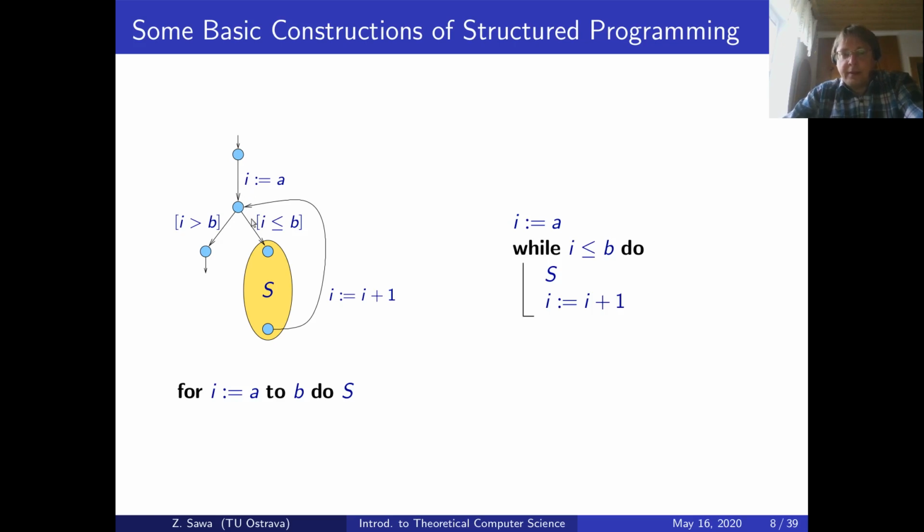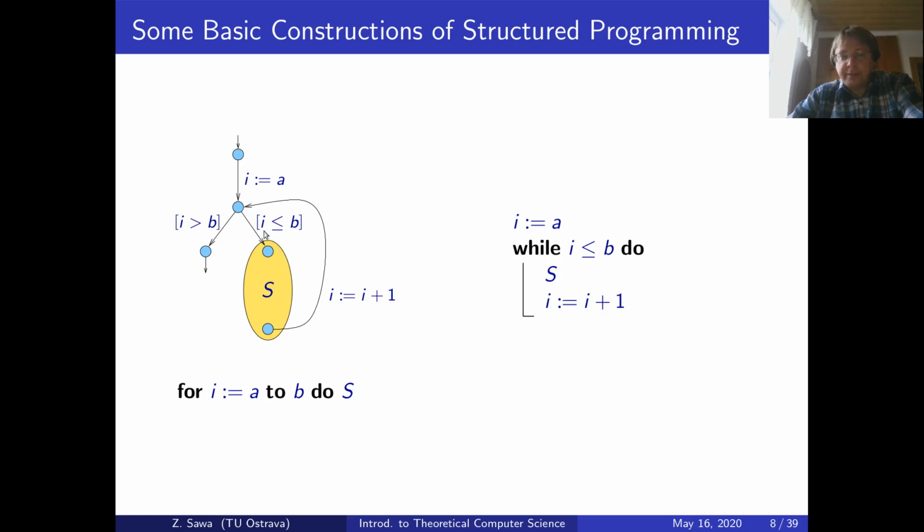It starts with initializing variable I with the value of expression A, and then it's tested whether I is less than or equal to B, where B is some expression.